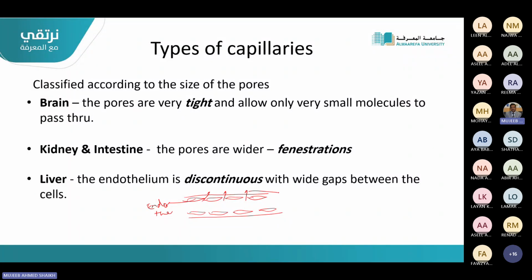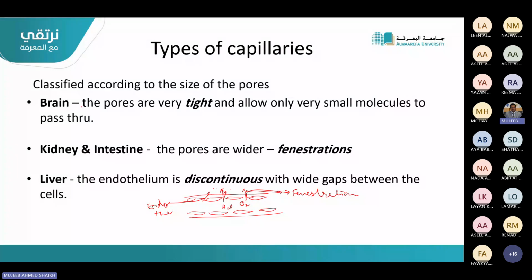These gaps or holes are called fenestration. This is allowing the fluid to move from the circulation into the interstitial space. Let's say oxygen is there, it can go from here, or some water is there, it can go into the interstitial space. So these are called fenestrations.